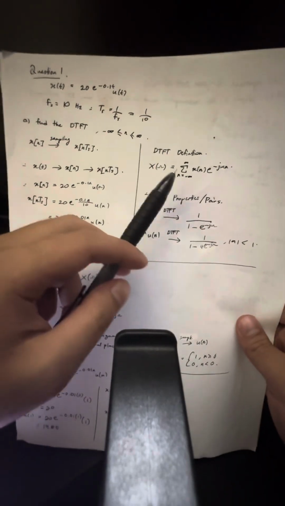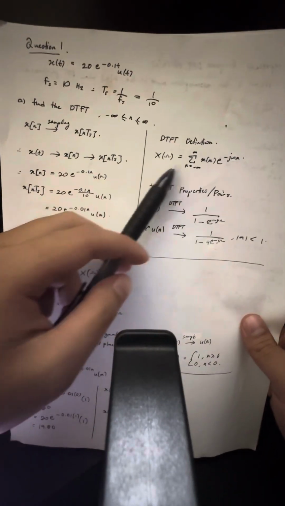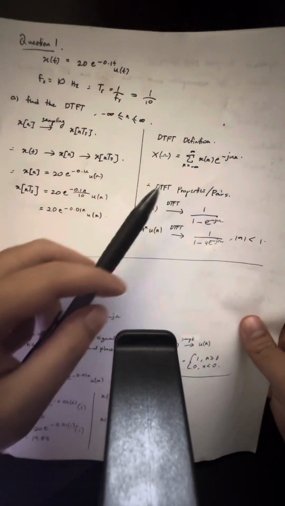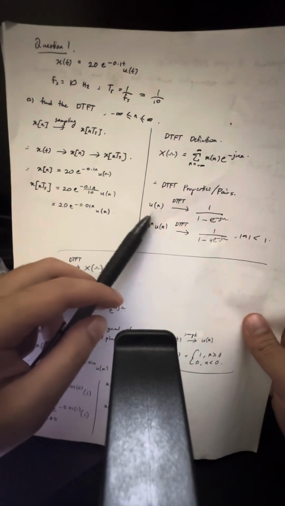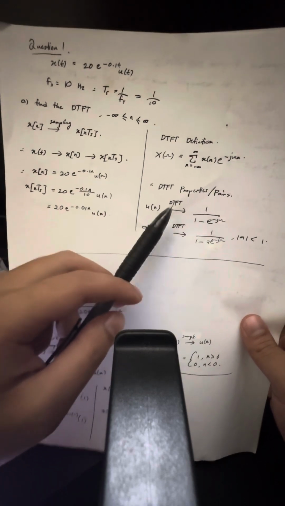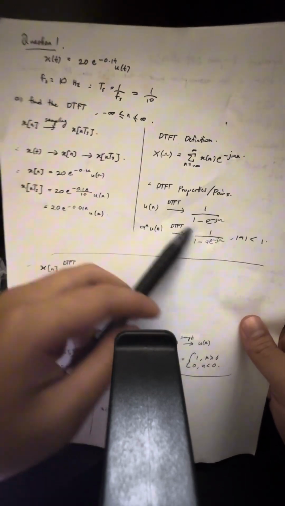So this is our sampling equation. And after that, by using the DTFT definition of this equation and the DTFT properties and pairs, for u of n, when we transform it, we have this equation.